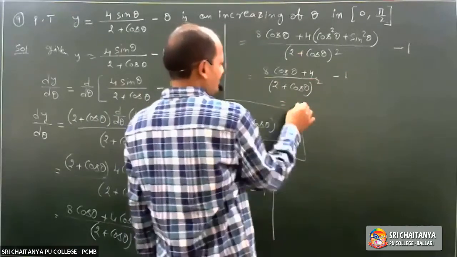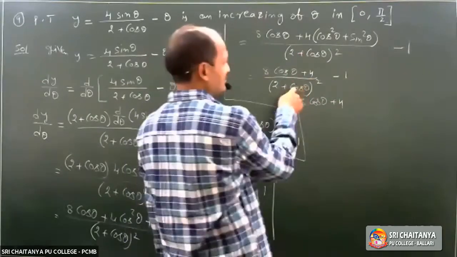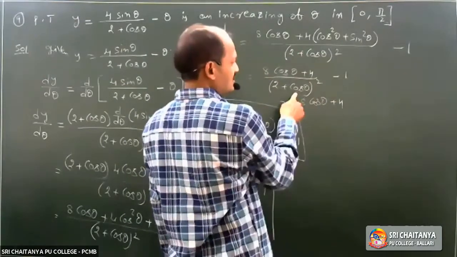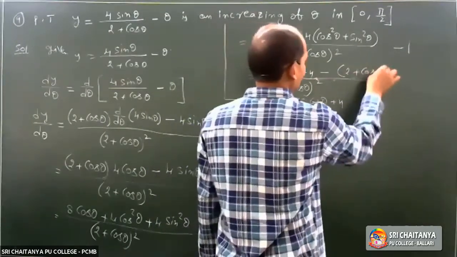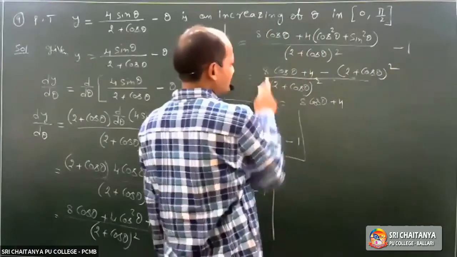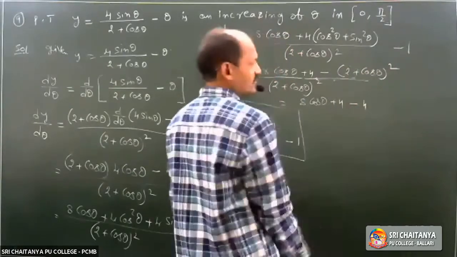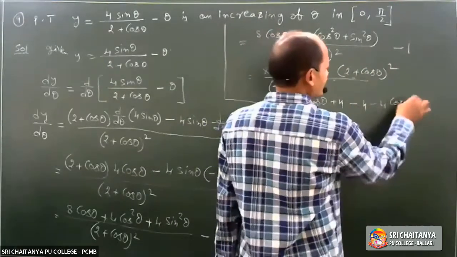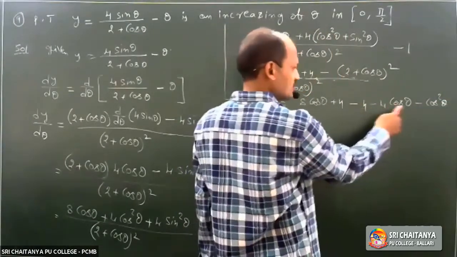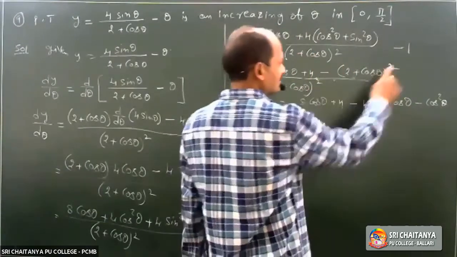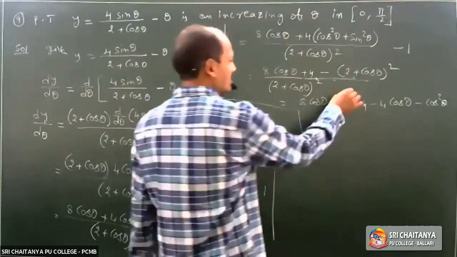So it is 8 cos theta plus 4, with LCM 2 plus cos theta whole square, by cross multiplication minus 2 plus cos theta whole square. It is a plus b whole square, a square plus 2ab plus b square, but it is a minus, so minus 4 cos theta minus cos square theta plus 4 minus 4.